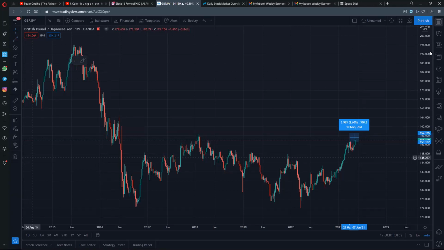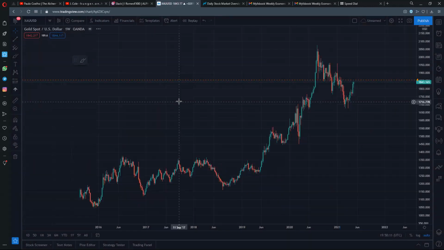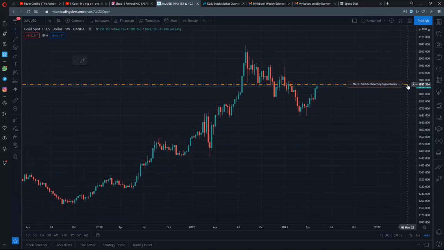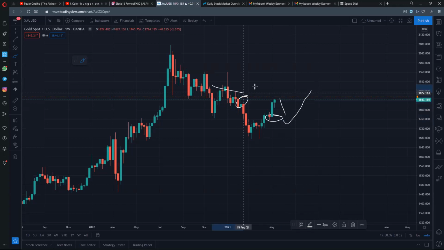Out of the way, we now look at gold. Gold, you can see I already have my alert around 1860. It's because we have this supply zone that we are working with, anywhere from this area. We'll be taking shots to this area and then maybe thinking about levels to now maybe fill these areas here.